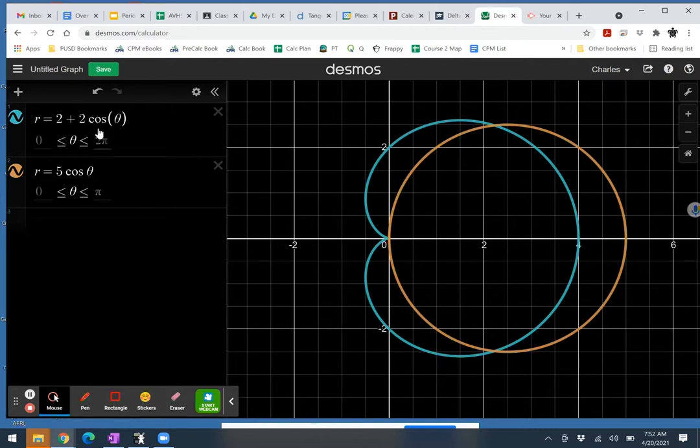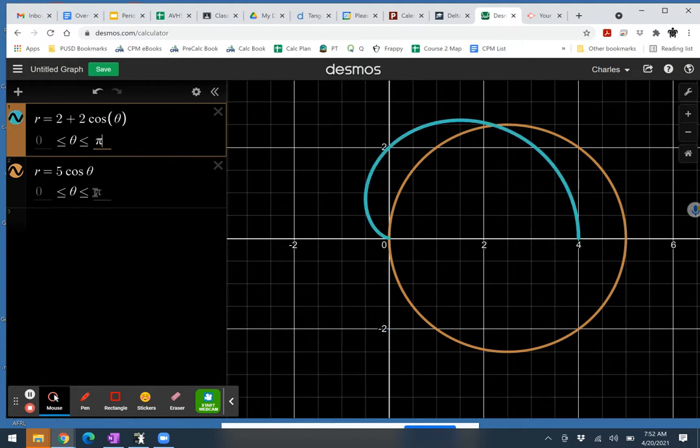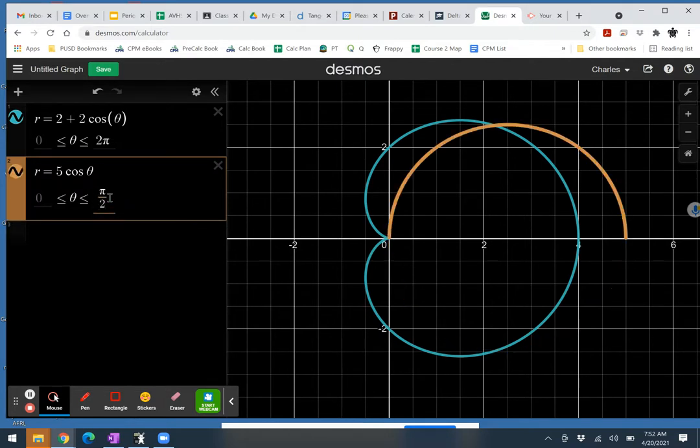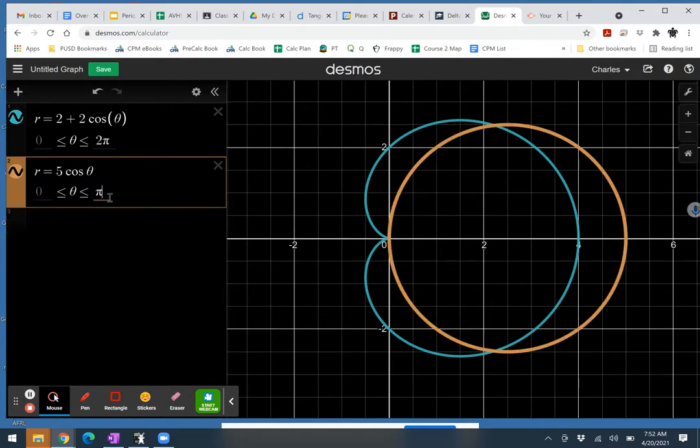And in this case, 2 plus 2 cosine theta makes one complete circle in 2 pi radians, whereas 5 cosine theta only needs, like if I go pi over 2, it gets halfway around the circle. That's just how the cosine works.